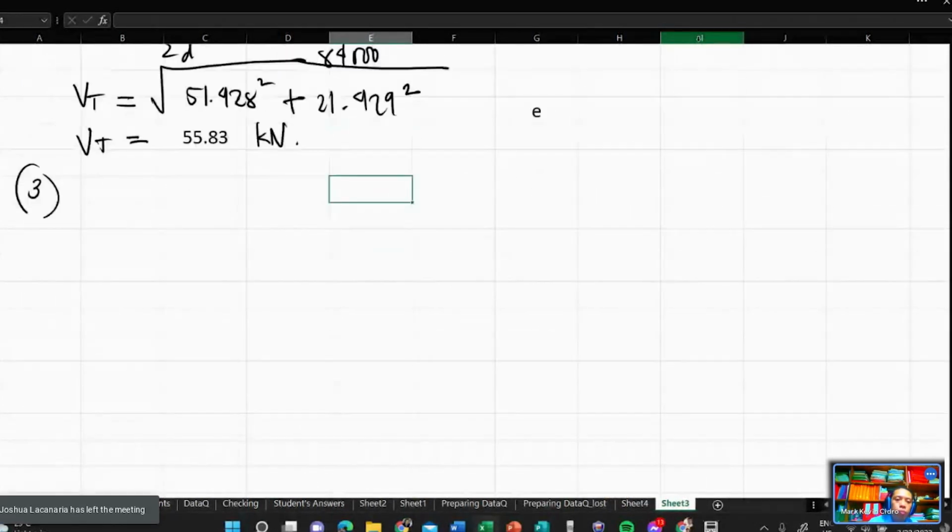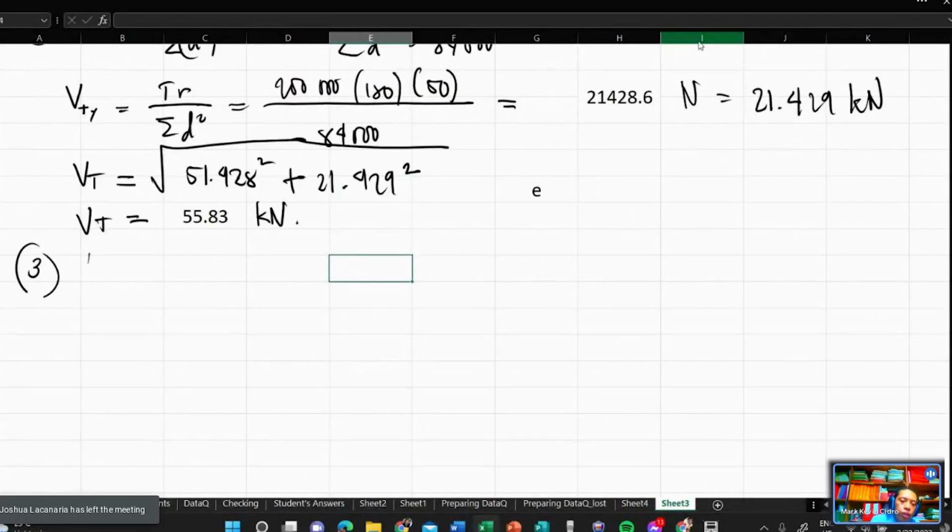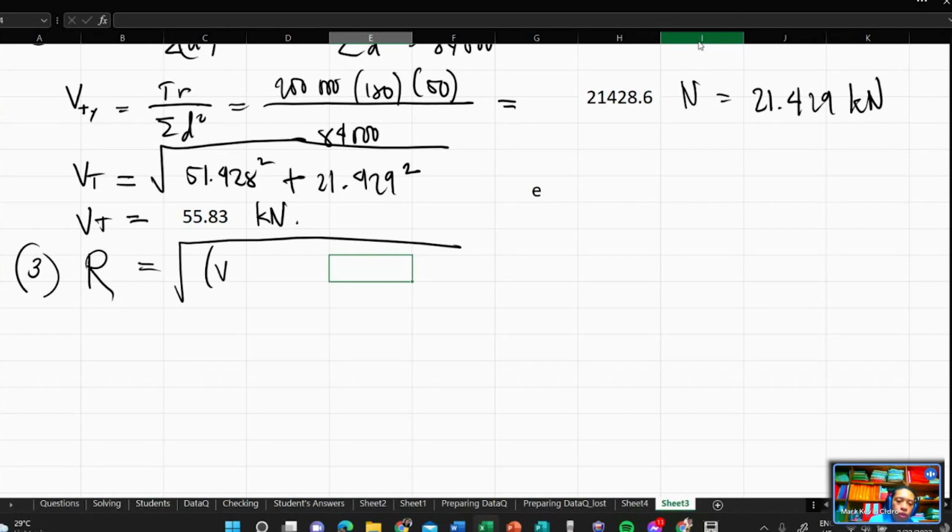So the resultant at the most critical bolt is the square root of, take note that V and VTY are in the same direction, so you add them, plus your VTX, all raised to 2.